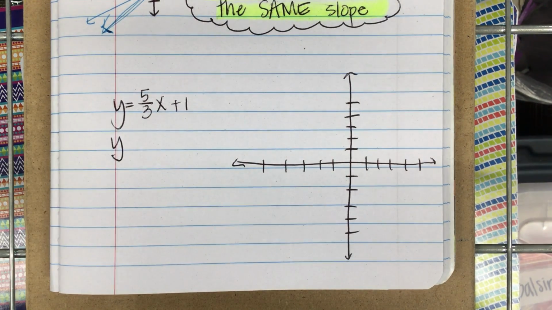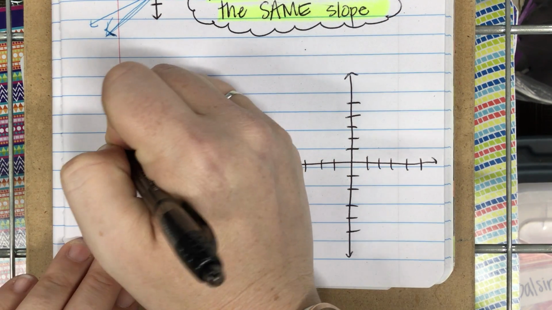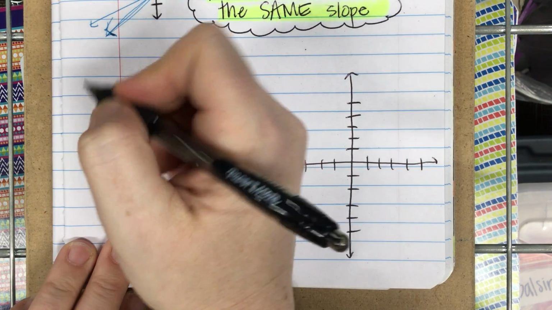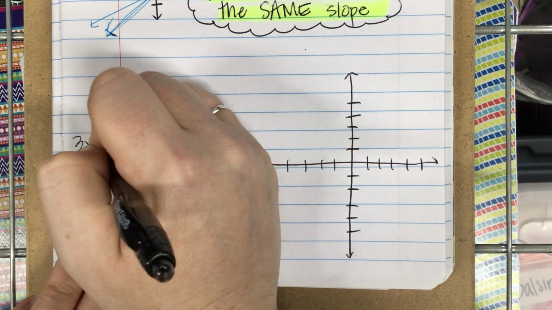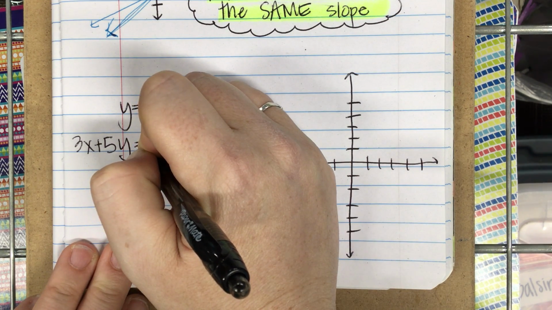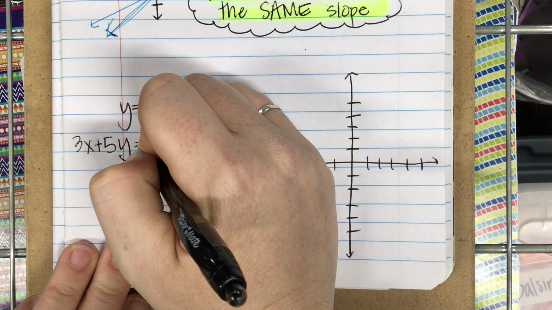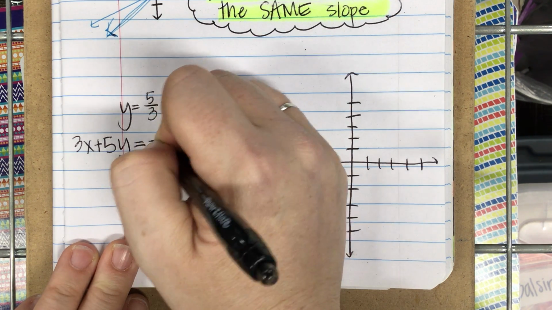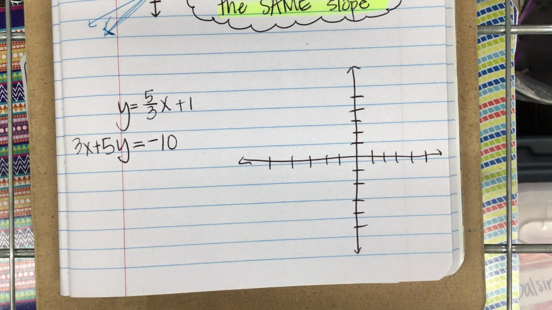Okay, let's do that first one. y equals 5/3 x plus 1.